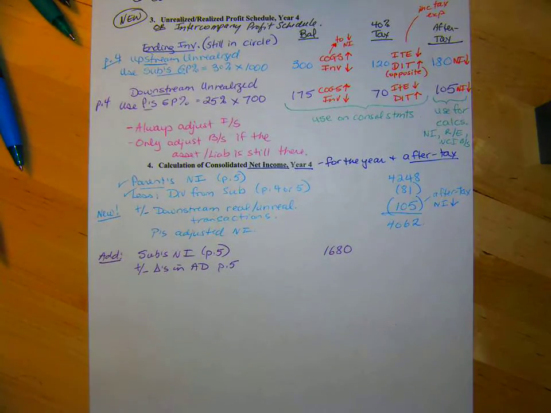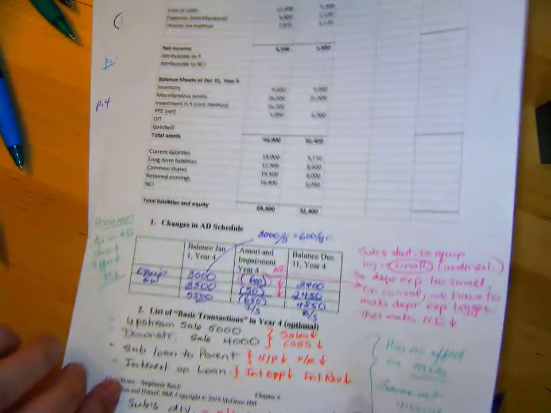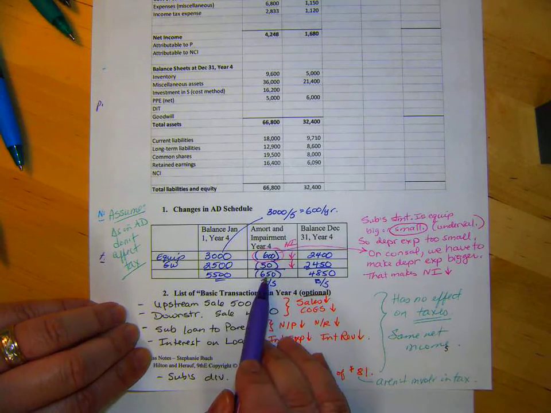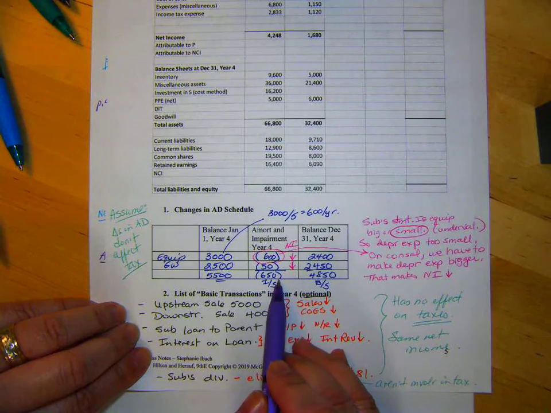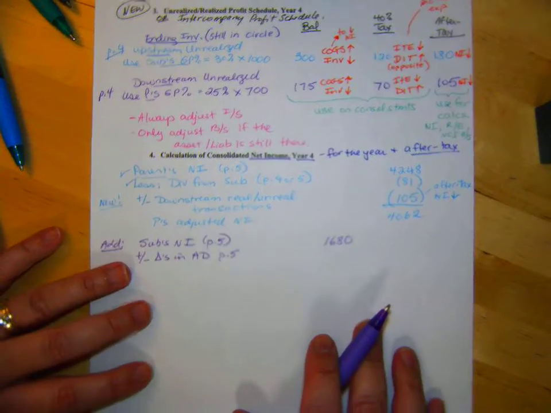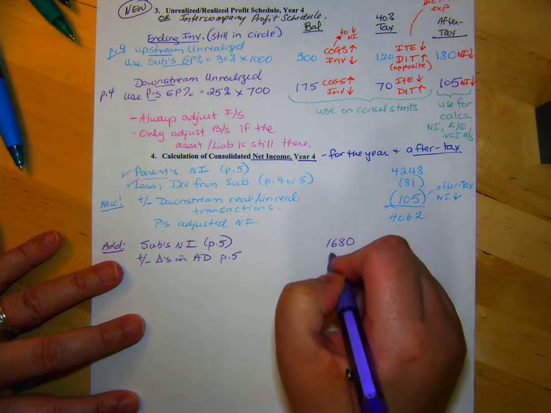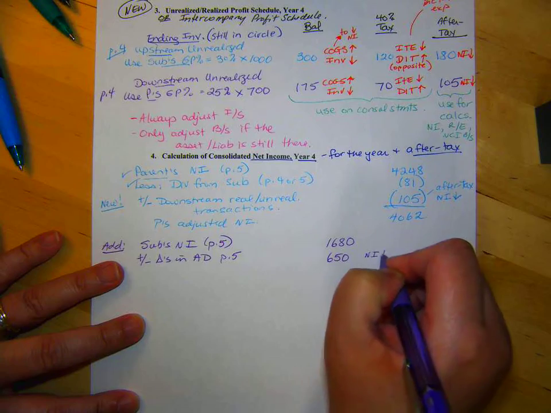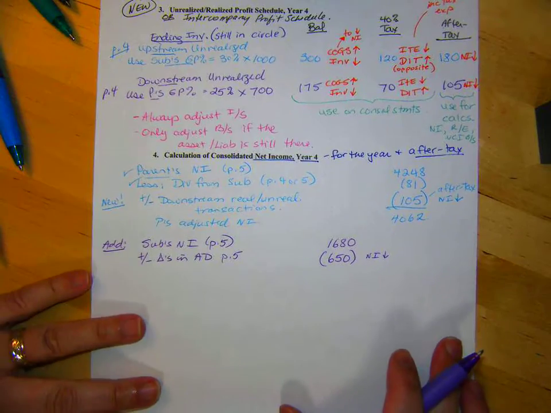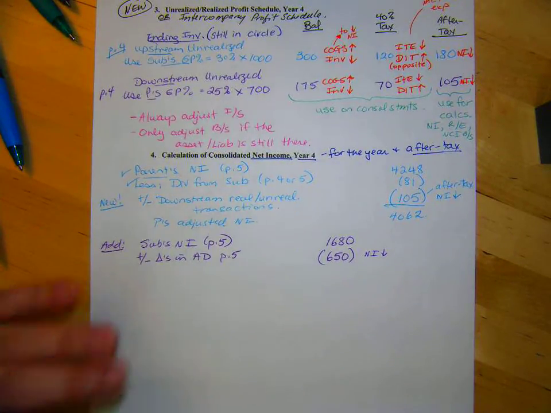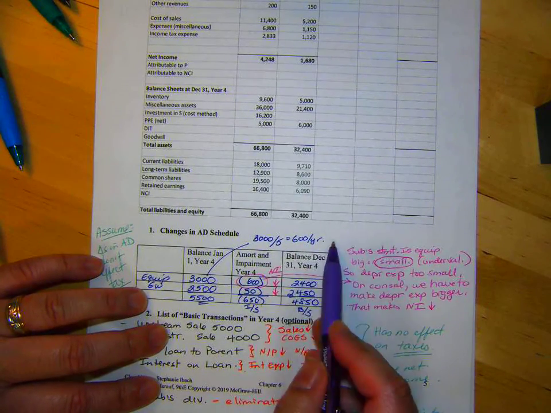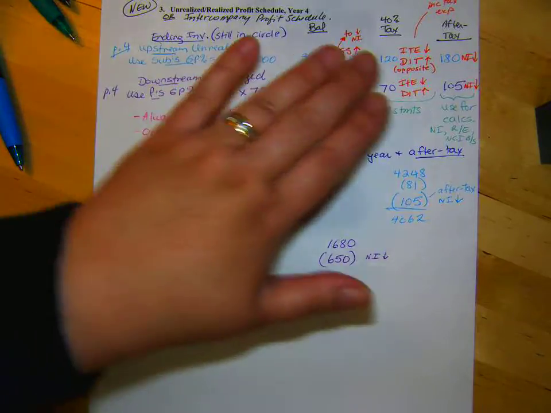So let's look at page 5. Here's page 5. This is year 4. These are the changes. So we've got 650, and they're making net income go down. So it's 650. Net income's going down, so it's negative. Remember we said there's no tax effect? If there was a tax effect with this, you could have 2 more columns and put tax, after tax, and do the exact same thing as you did here, okay?